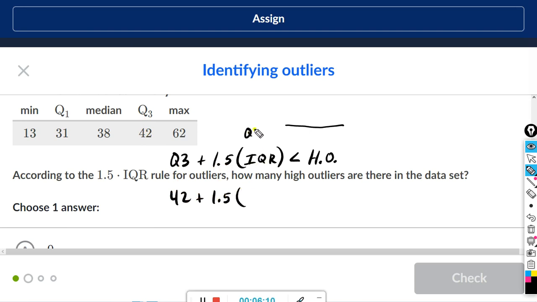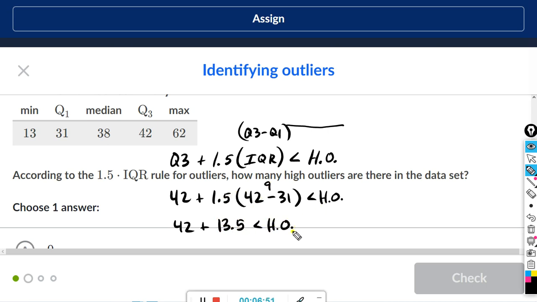IQR is Q3 minus Q1, so we do 42 minus 31, and the high outlier has to be greater than that value. 42 minus 31 is 9. 1.5 times 9 is 13.5, and the high outliers have to be more than 42 plus 13.5. 42 plus 13 is 55, and we have 0.5.